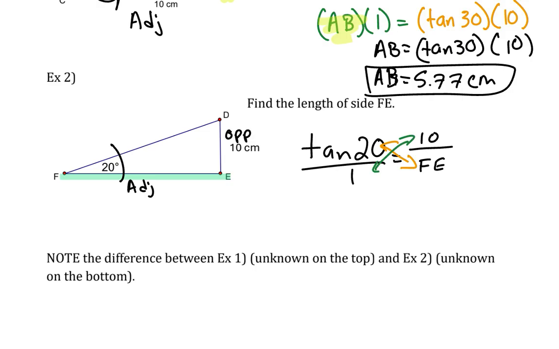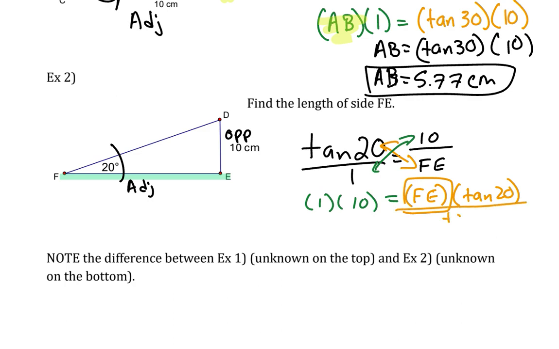So on this side, I'm going to say, with the green, it's going to be 1 times 10 equals FE times tan of 20. So we want to isolate the FE by itself. What's kind of nice about when we multiply is we just divide both sides by whatever is multiplied by.